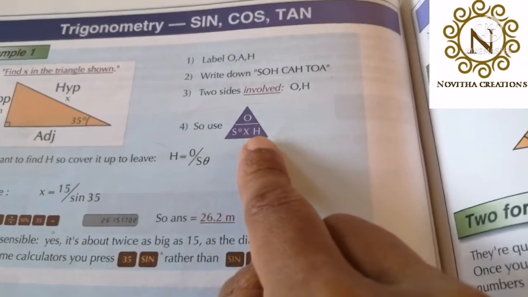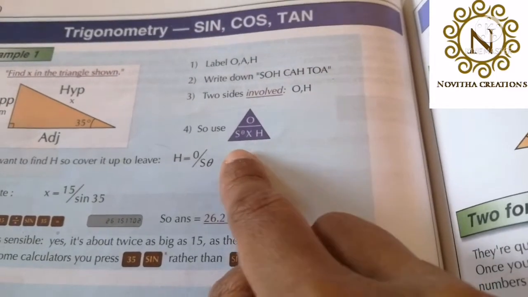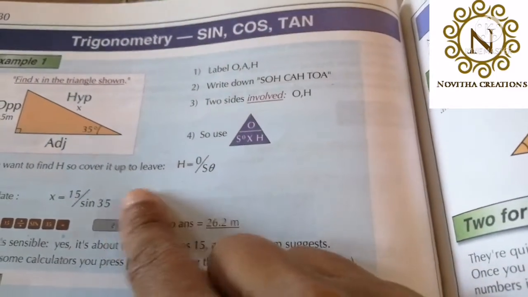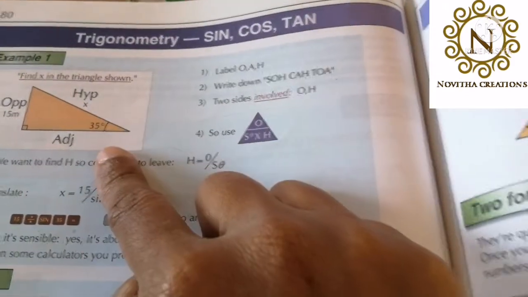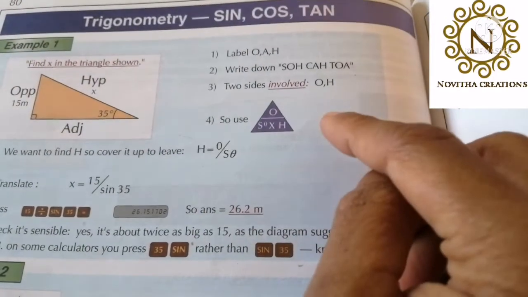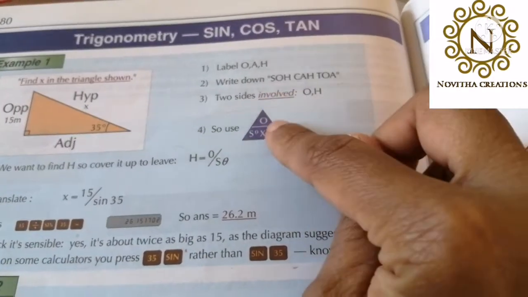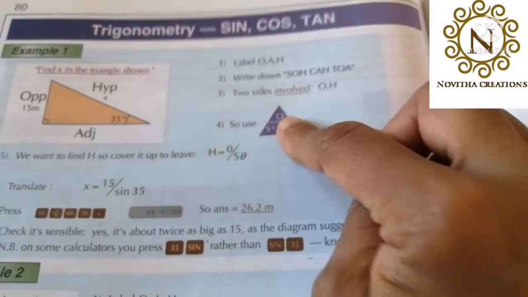So use SOH. We need to find the hypotenuse in this question, so we want to find H. Cover it up to leave the formula, H equals O by sin theta.